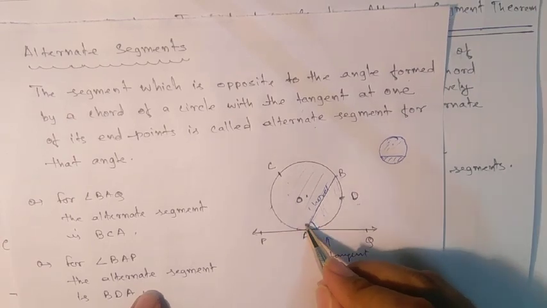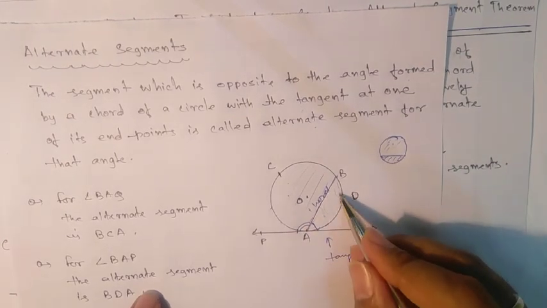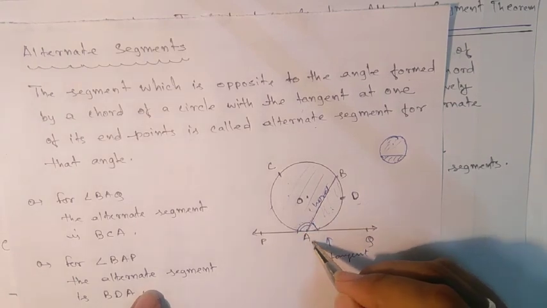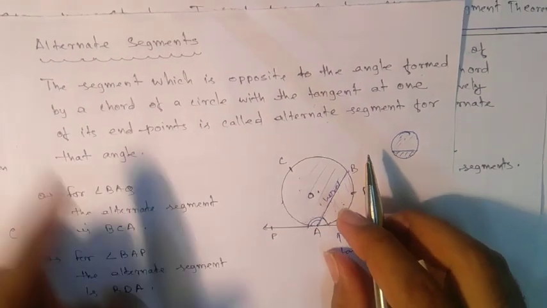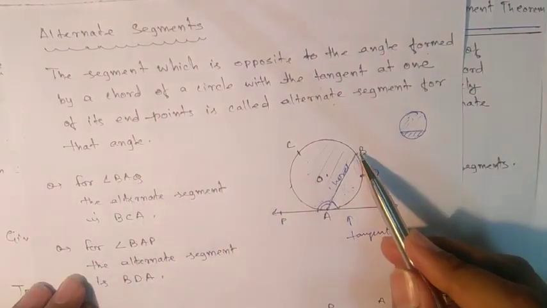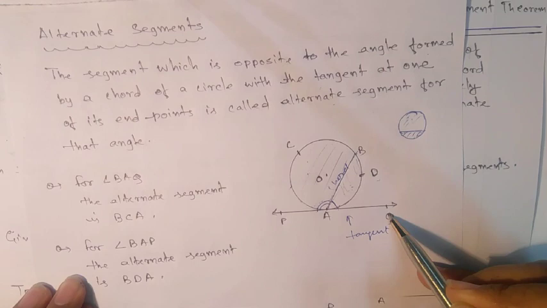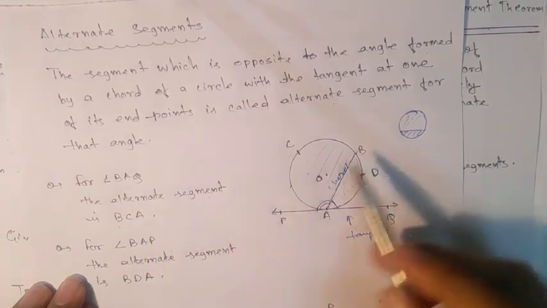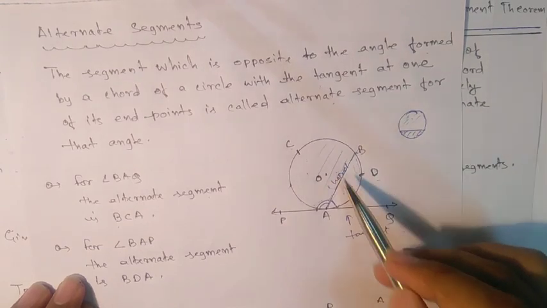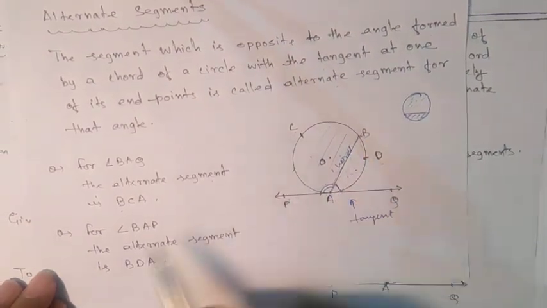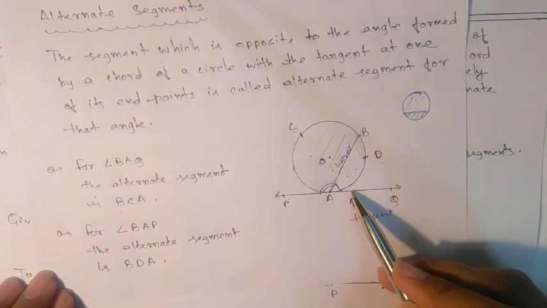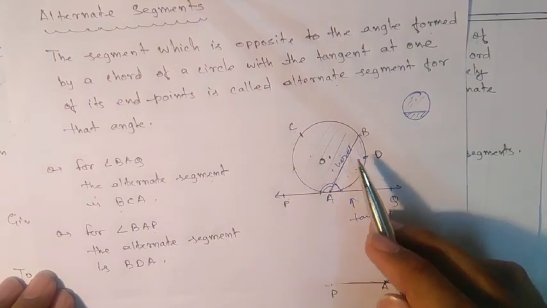And for this angle, this segment is the alternate segment. So if we take angle BAQ, then the alternate segment is BCA. And if we take BAP, then the alternate segment would be BDA or ADB, whatever you want to say.